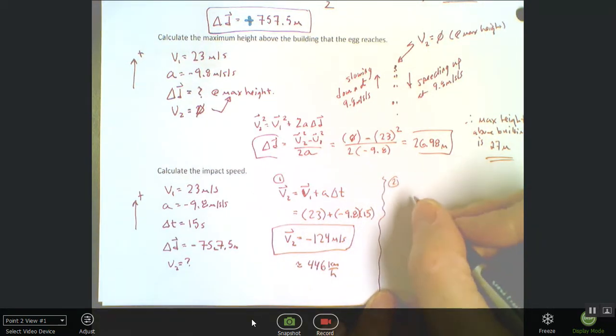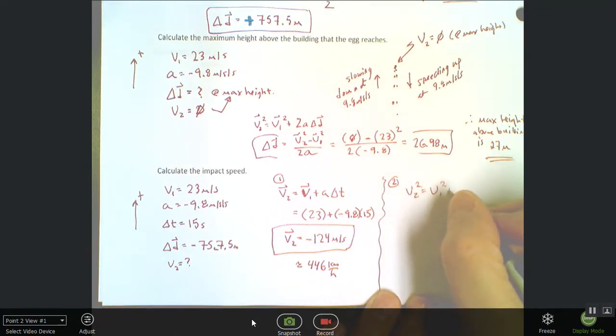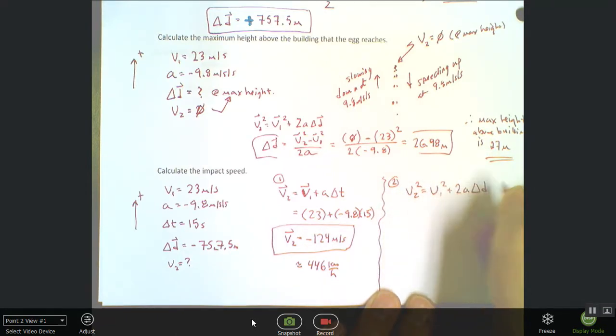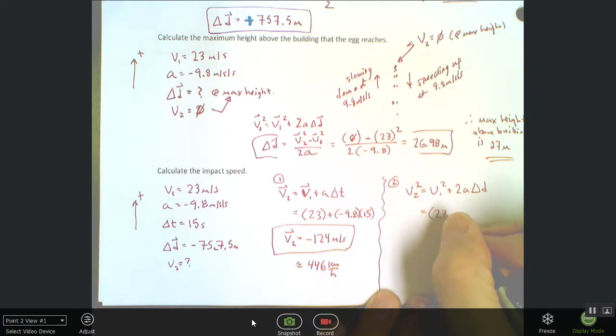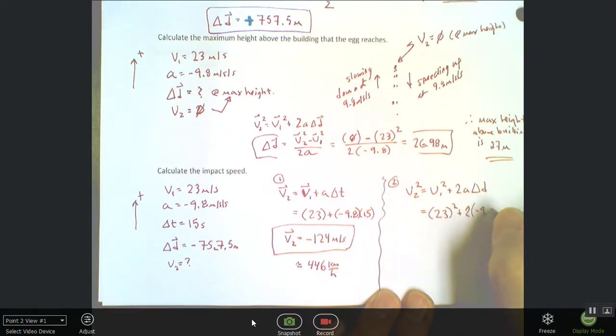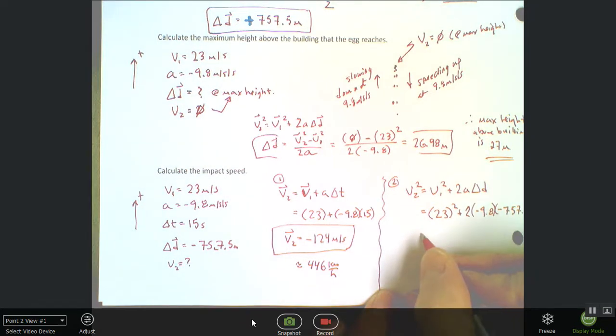Second method: you could have actually discovered V2 by using the other information that we had. V2 squared equals V1 squared, 23 squared, plus 2 times negative 9.8 times negative 757.5. Notice how I'm putting the signs in, and therefore the negative and positive signs matter so much. They're super important.